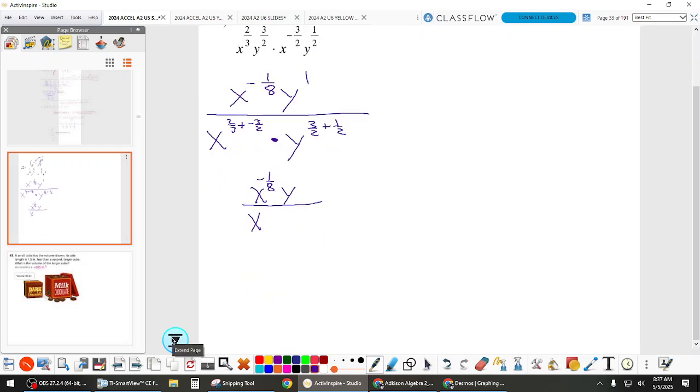What's 3/2 in terms of 6? We're making a common denominator of 6. Okay. So 4/6 minus 9/6 is negative 5/6. Okay, over here we just get y, because it's 4/2, so it's y squared.